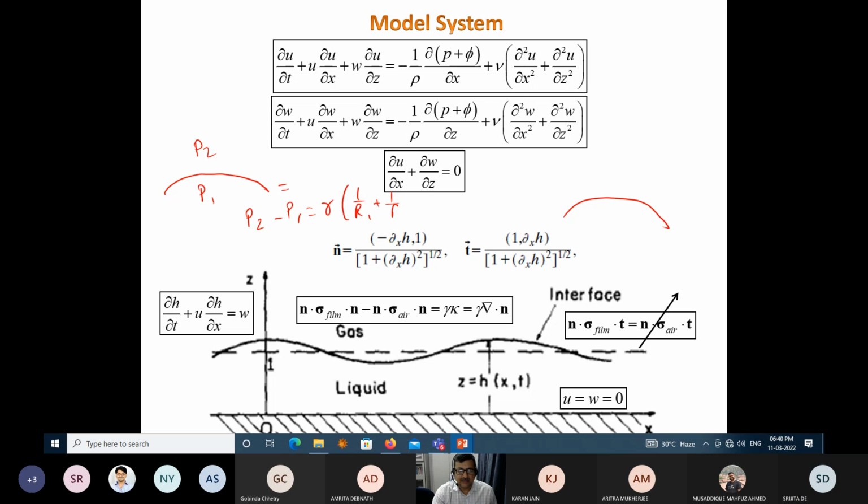How do I write 1 by R1 plus 1 by R2 for an arbitrary surface? Gamma into kappa, where kappa is the mean curvature. Kappa is the divergence of n, right?